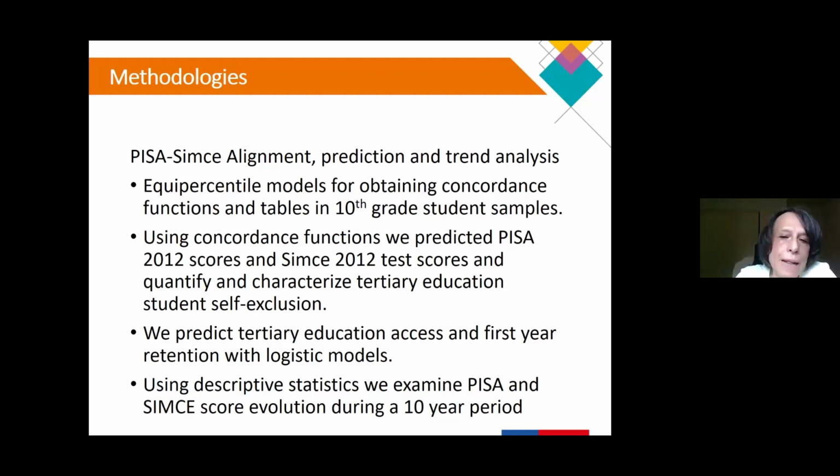So we wanted to know, from the students that don't go into college, how many of those students really perform well at PISA and SIMSE, so it could be a good pool where we were losing talent to college. So we wanted to know how this population was.